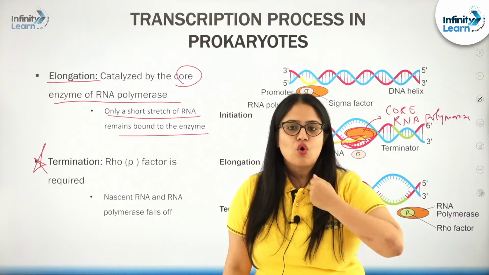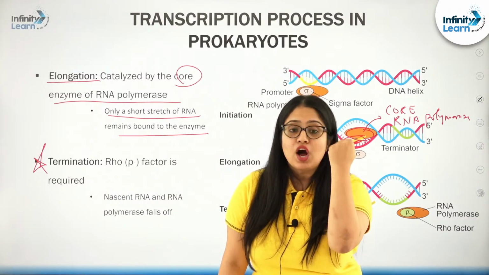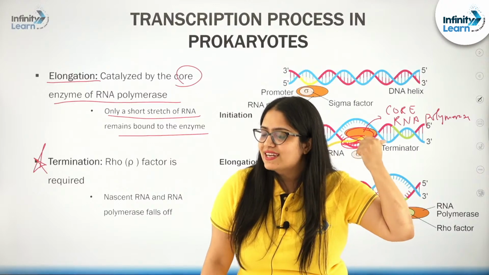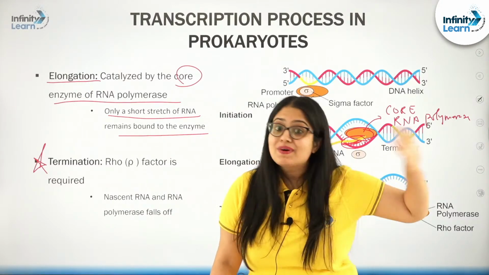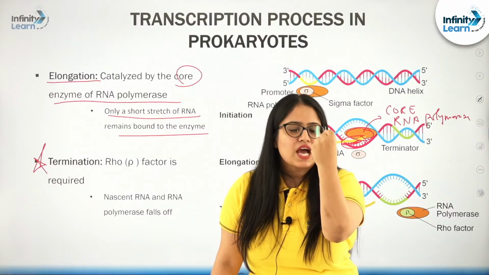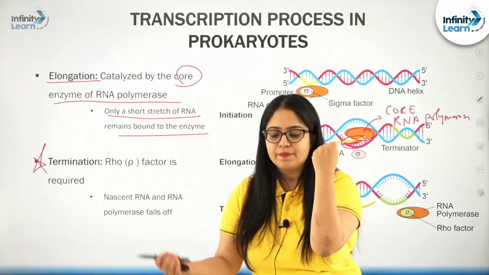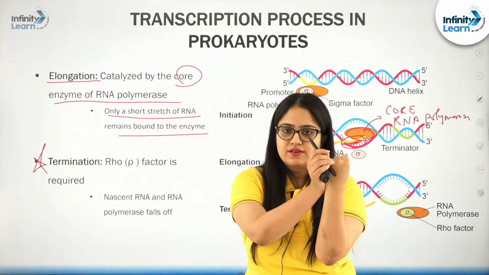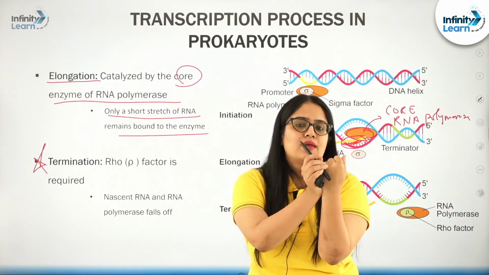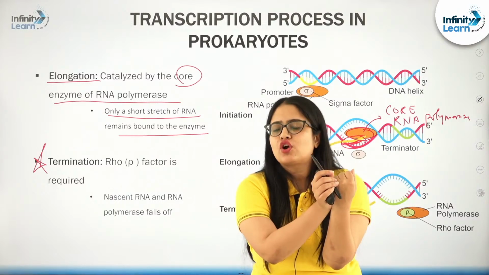So, if this is the core enzyme of RNA polymerase, which was till now doing the elongation process, catalyzing the polymerization of ribonucleotides, then to this core enzyme another factor will bind again, transiently, temporarily, for a short time.